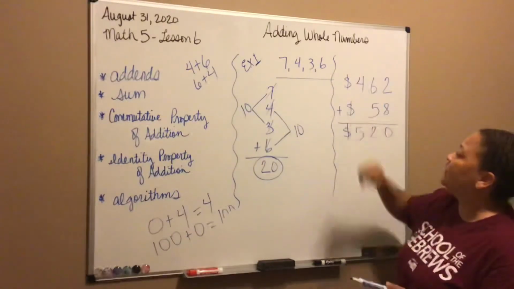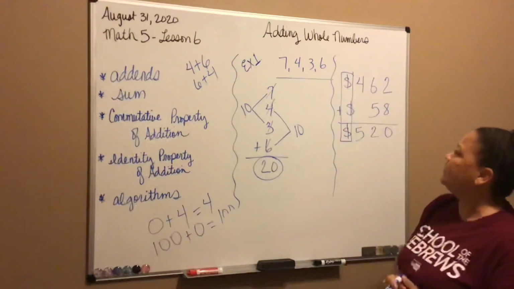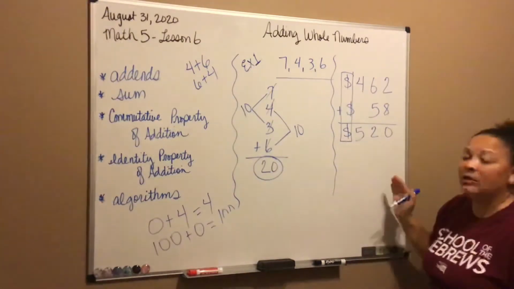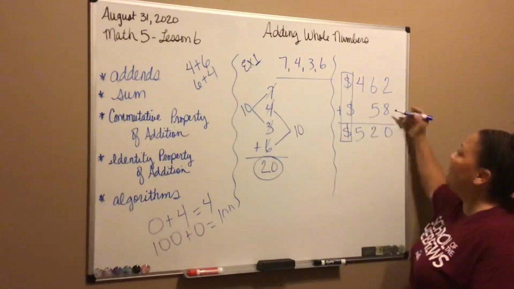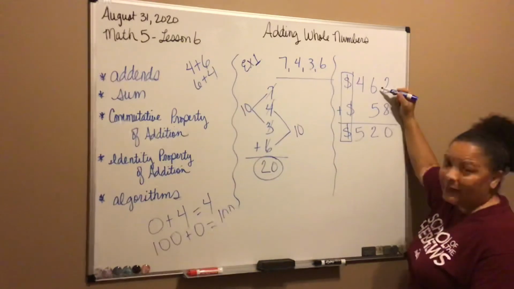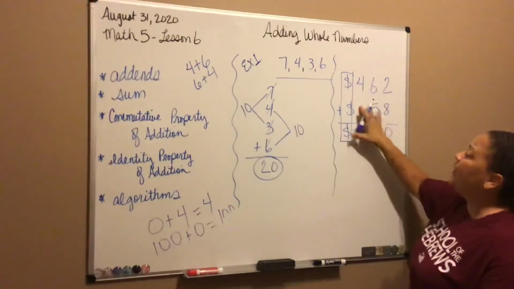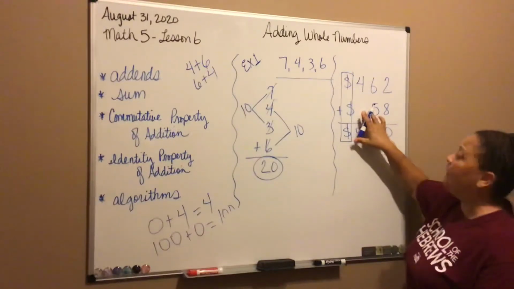Anytime you are adding whole numbers, you want to make sure that your ones are lined up, your tens are lined up, your hundreds are lined up. If there is nothing here, that is fine, okay?